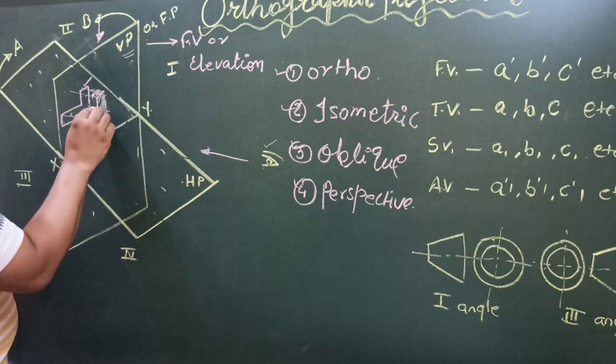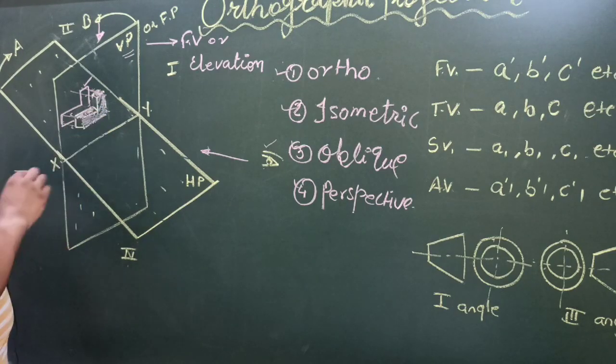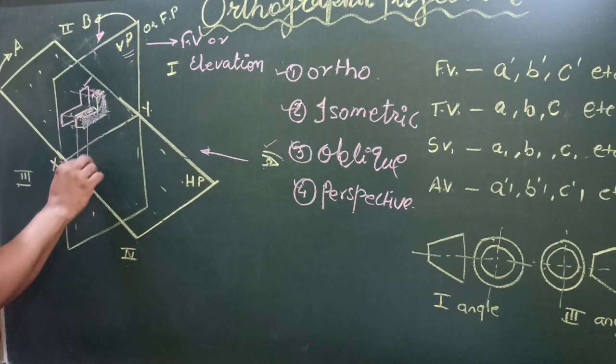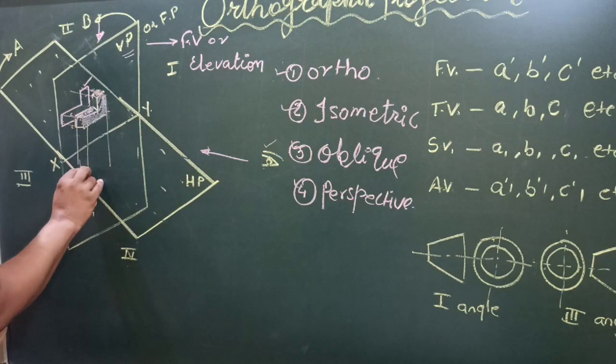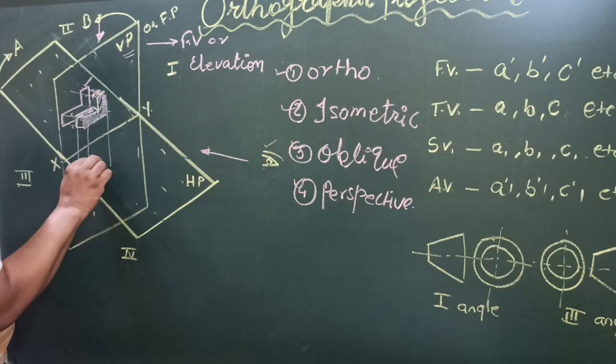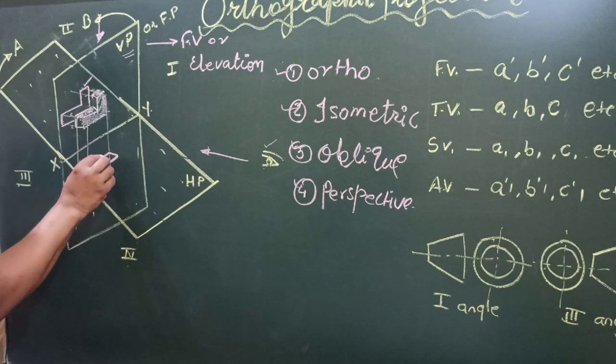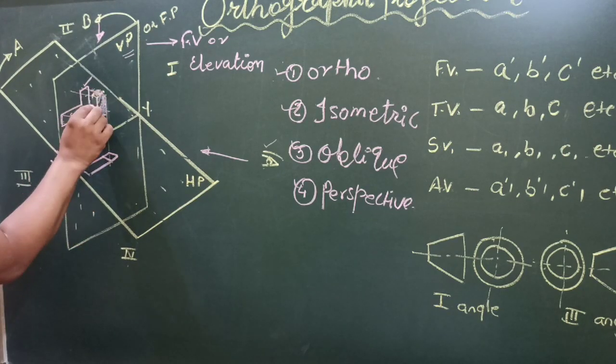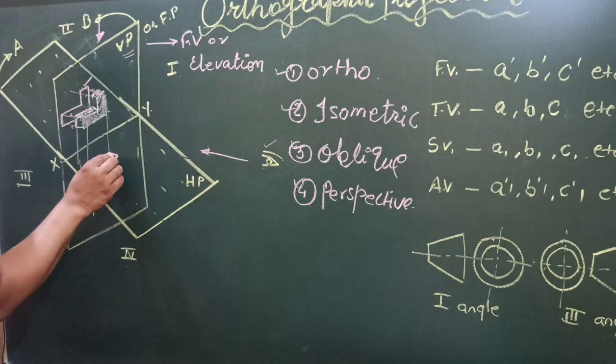This part and this part. So when we draw this diagram, you will get two rectangles here, one for this and another one for this one.